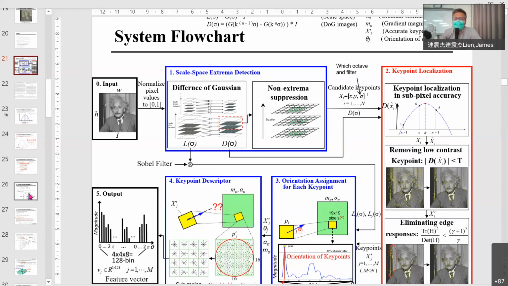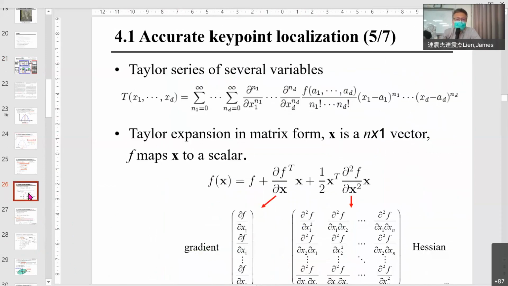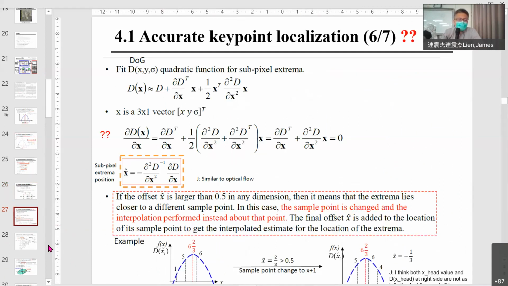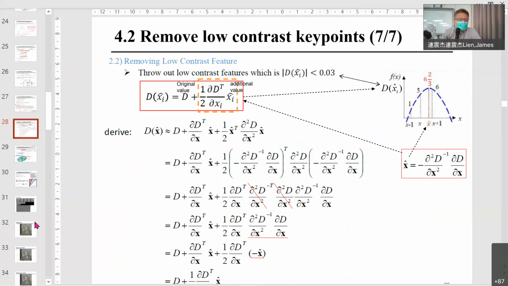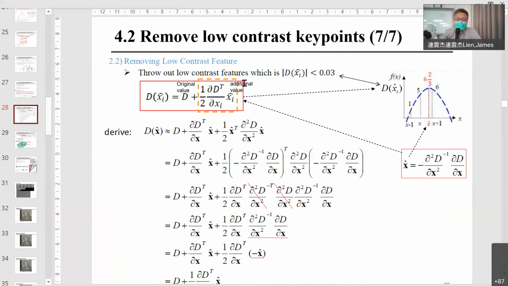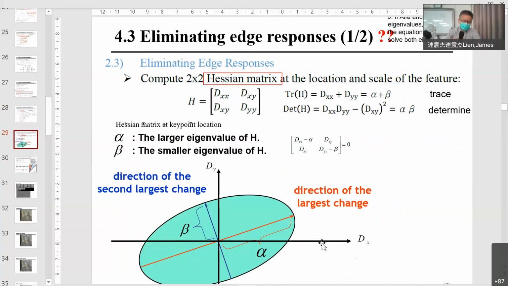And we will teach you the other important technology. Since we remove the low constraint, the final one is: how can we detect the corner points? The method is using the Hessian matrix with eigenspace.